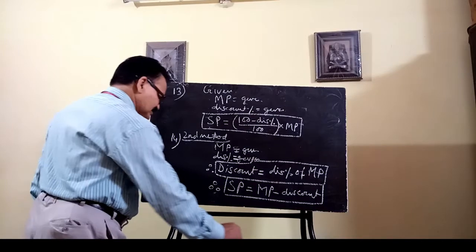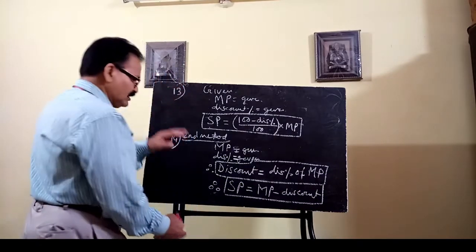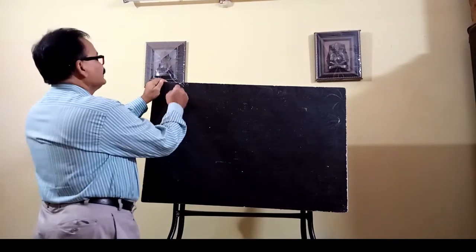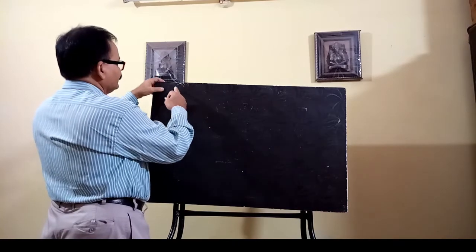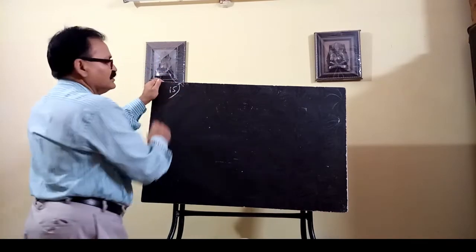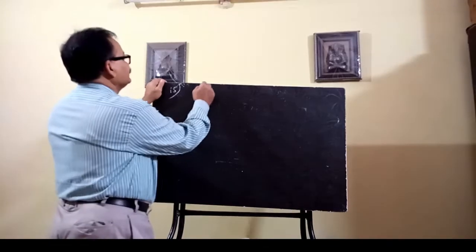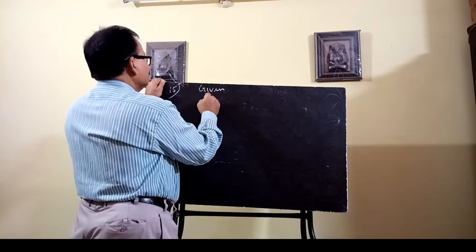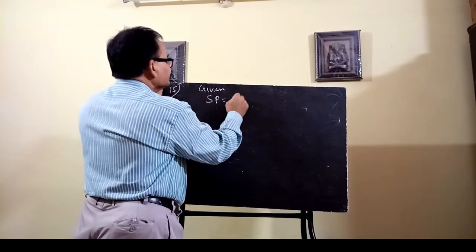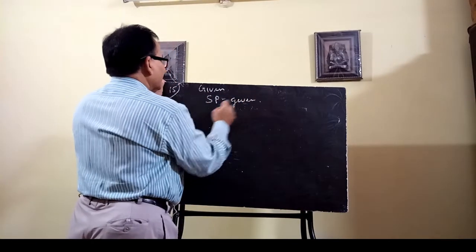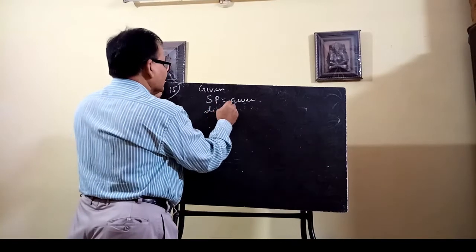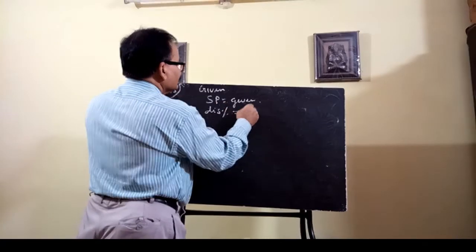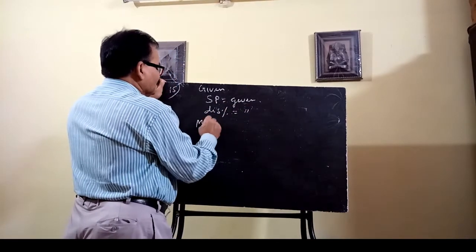Now for the next, I have to remove it. Suppose in your question, that is 13, 14, now 15, SP is given and discount percent is given. You have to find out the MP.